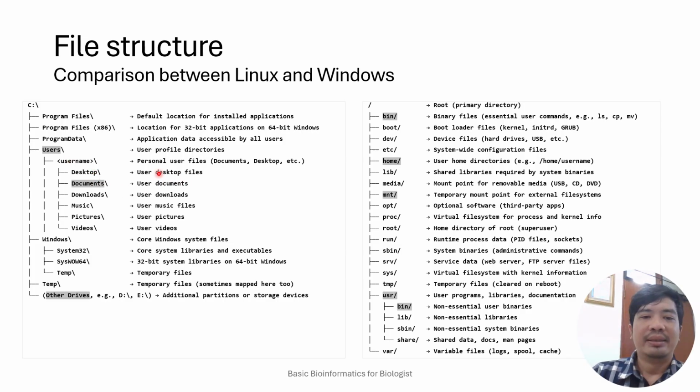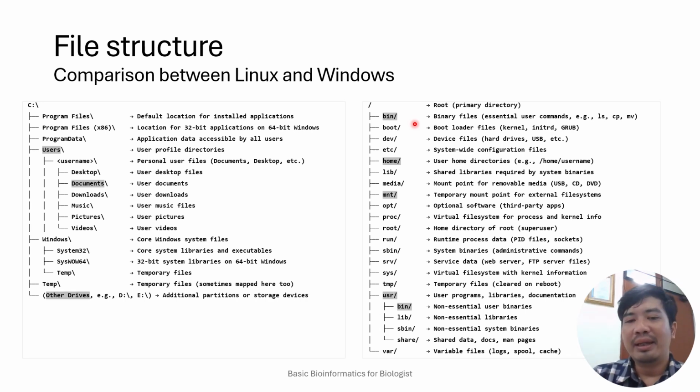Now in Linux, the hierarchy is like this. This sign is called root, as in a plant's root. This is the highest level of the Linux hierarchy. And then when you install software, you write your main program here, in bin. It's called binary.